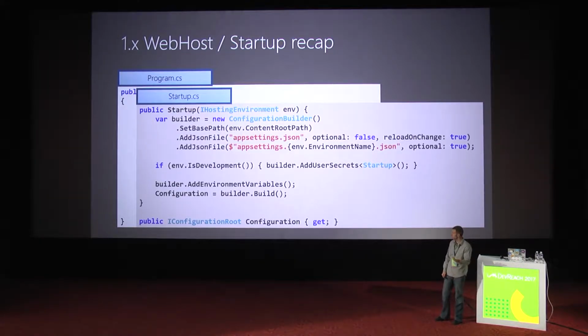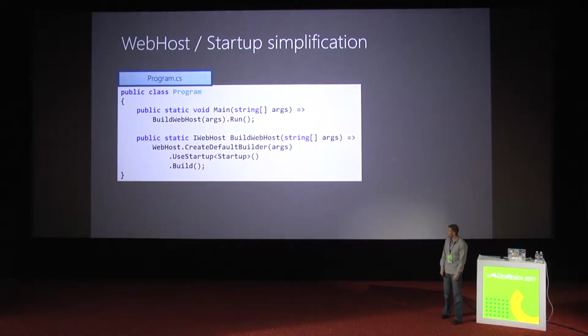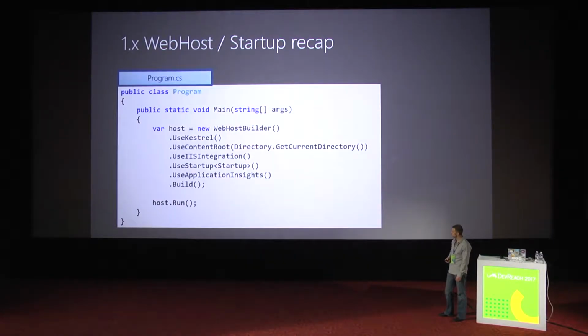And so how did that change? Well, program.cs was reduced down to what you see here. Really what's changed is they've introduced this BuildWebHost method that is invoked from the main method. And you take a look here, it's really just UseStartup and Build that we are calling in this BuildWebHost method. Now if I go back a couple of slides, just to refresh your memory, compare that to this. It's a little cleaner now in 2.0.